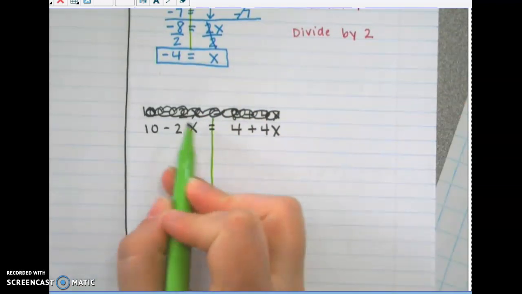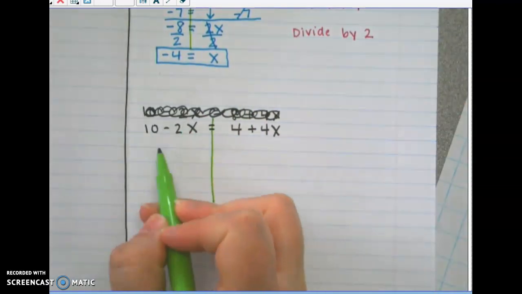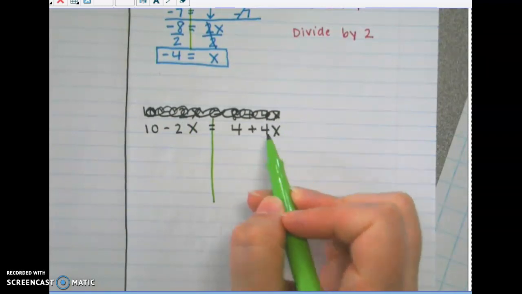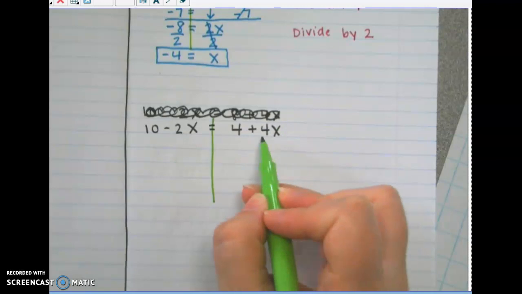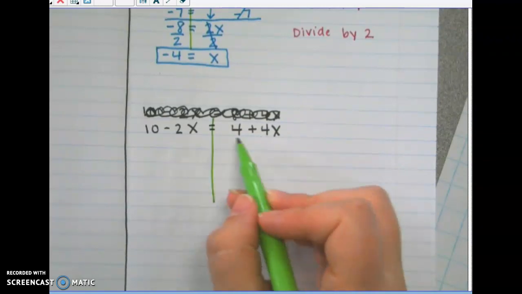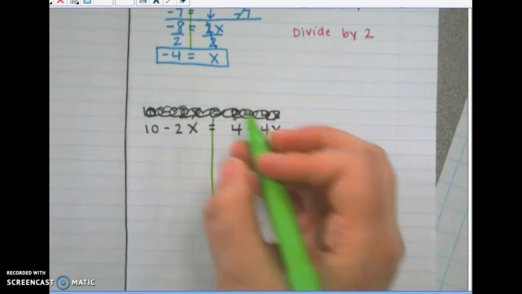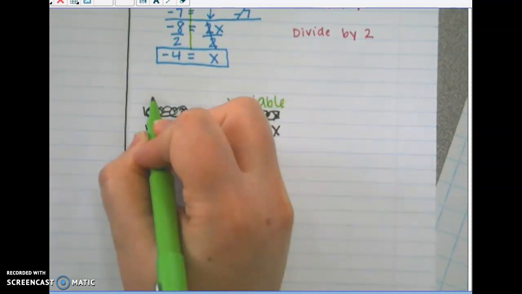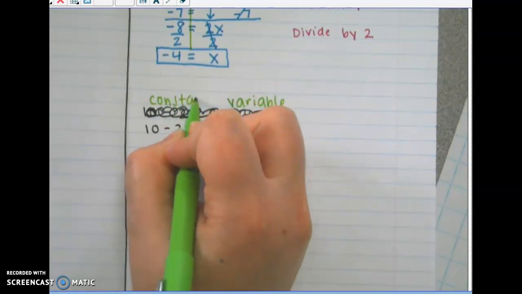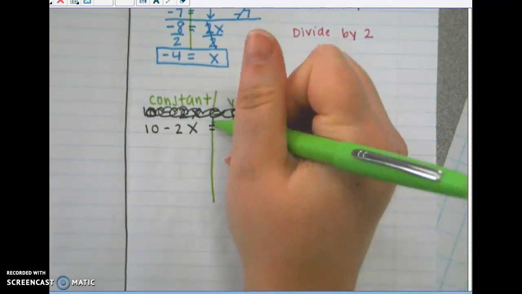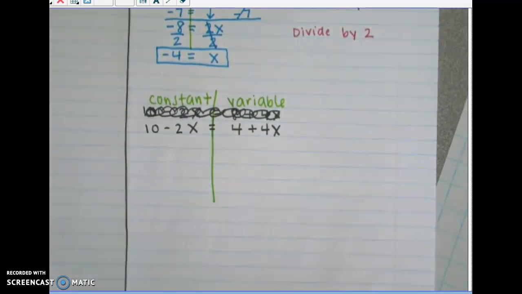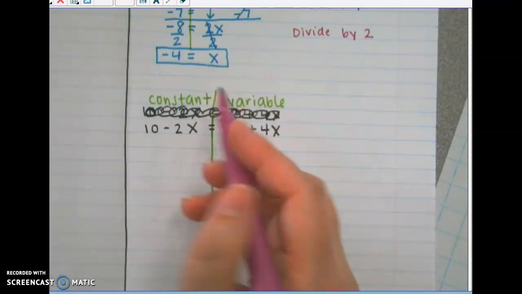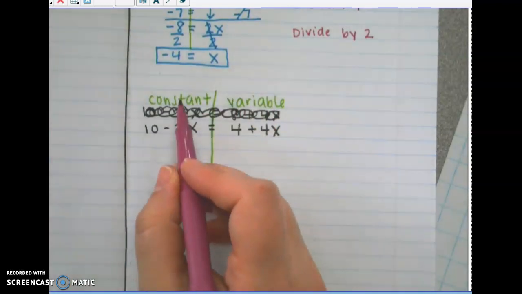I'm going to notice that this side is negative 2x and this side has a positive 4x. So when I'm looking at my variables and I'm deciding which one to keep, I'm going to keep the one that's positive. All right, so I'm going to go over to my constant side and I'm going to get rid of the variable term on my constant side.